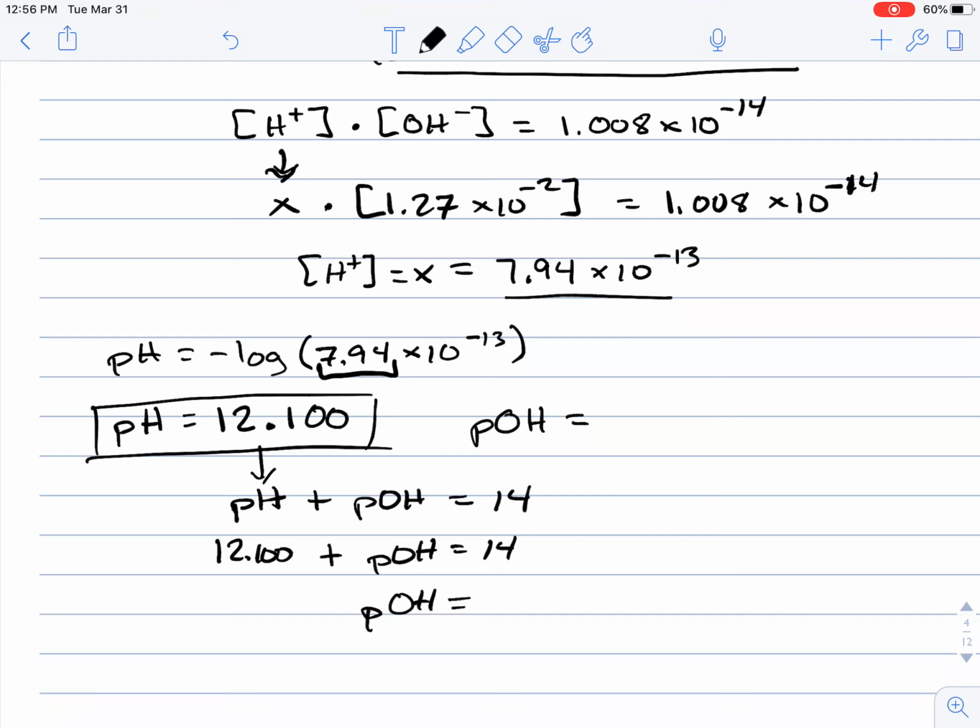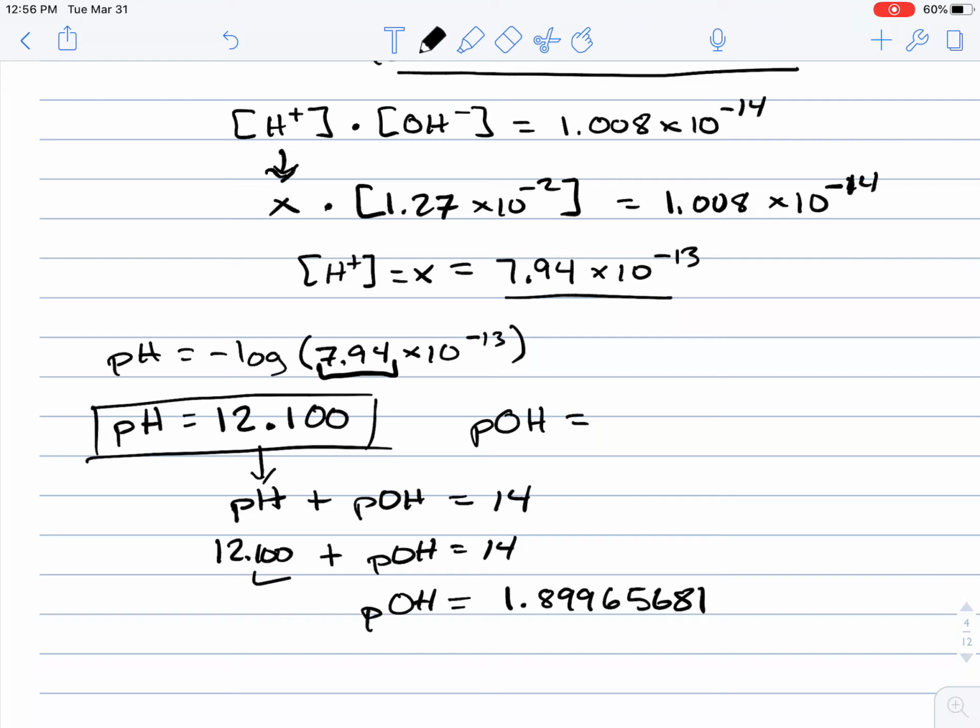Okay, so it's going to be 14 minus 12.100. And here in this case, I get a calculator answer of 1.89965681.